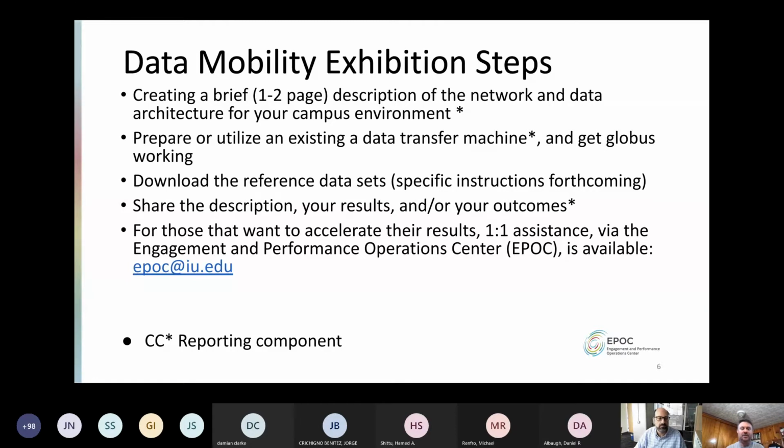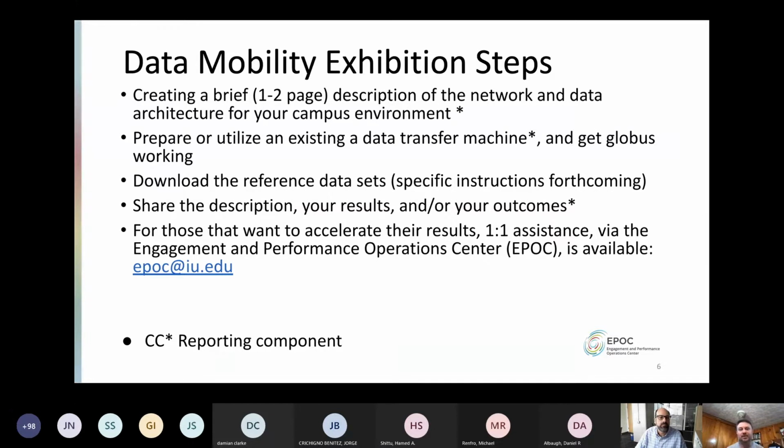In this case, currently we're using Globus to do the transfers, so we have to get Globus on there to do the transfers to and from. Download or upload the reference data sets accordingly to get the results from what we need to do to baseline the tests. And then from there, share your description, your results, any outcome you may have, any improvements, any discoveries. And then again, if you need any support on this, the EPOC contact information is right here.